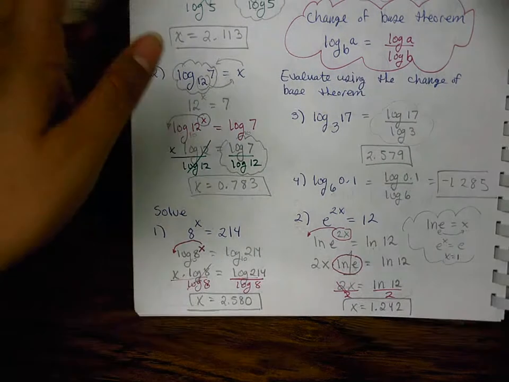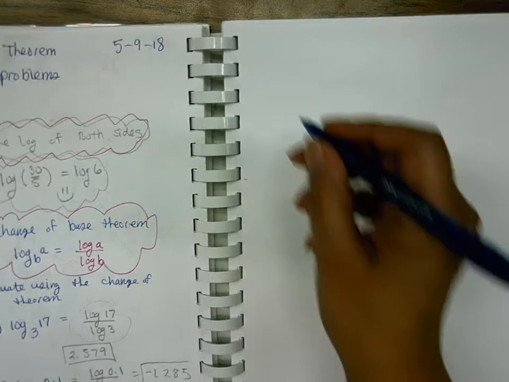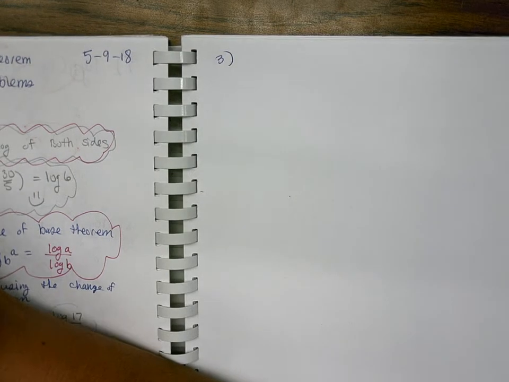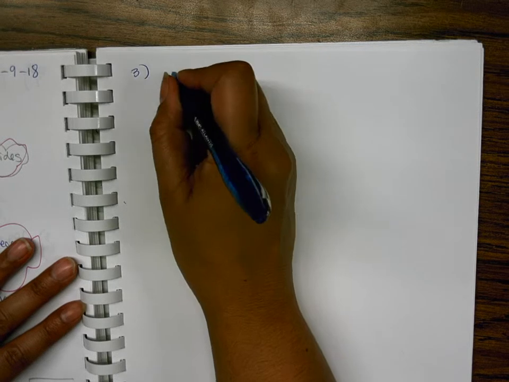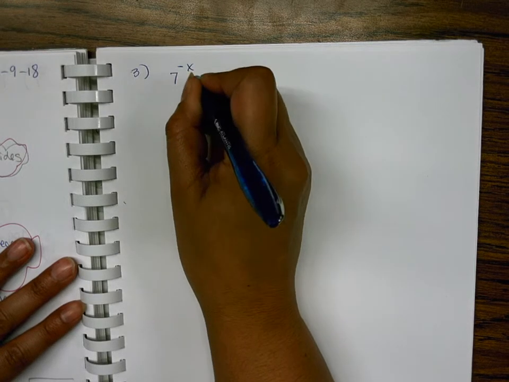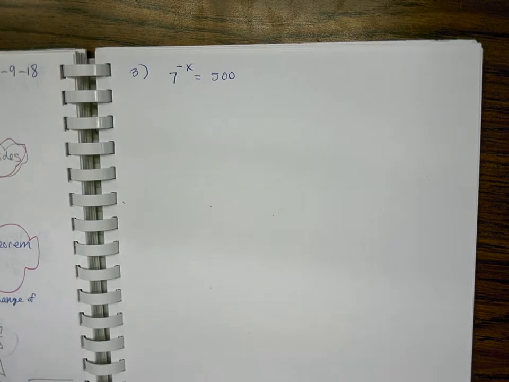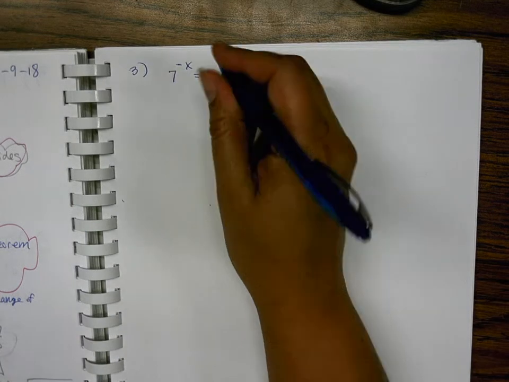All right, I'm going to show you one more before we move on to the half-life problems. Number 3. 7 to the negative x equals 500. Again, we cannot get them to the same base.